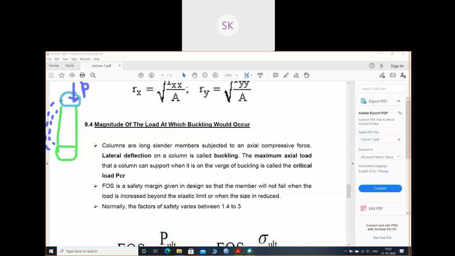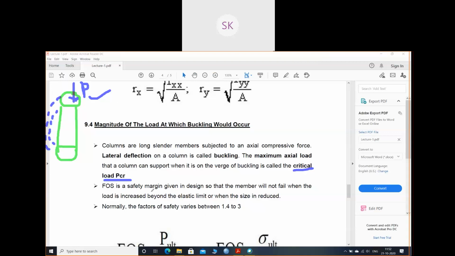The load at which it will remain in deformed shape, this is the phenomenon of buckling, but this load is called as critical load. Okay, the load at which your column starts to buckle, that load is called as critical load.